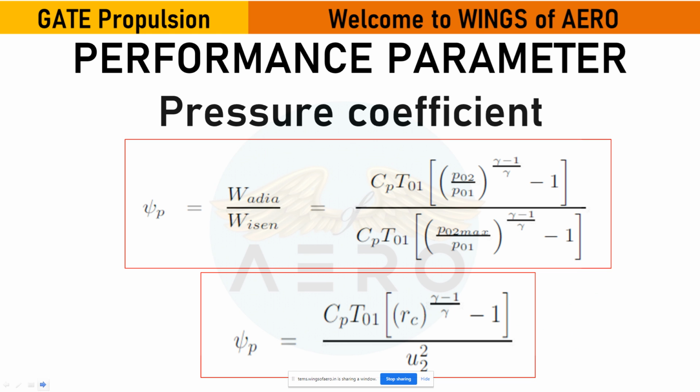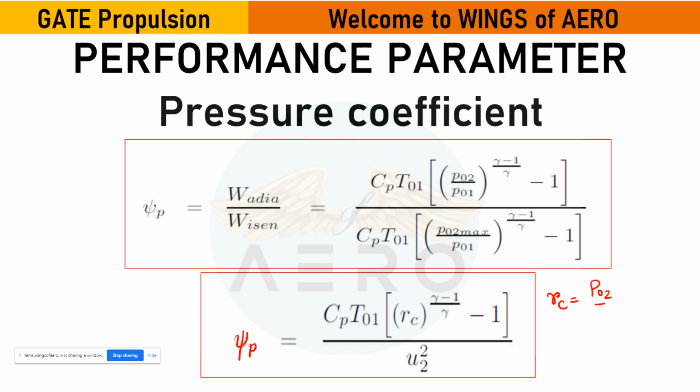Now another formula based on pressure coefficient. This is the formula for the pressure coefficient, denoted by psi suffix p. Please note down this formula. What is RC?